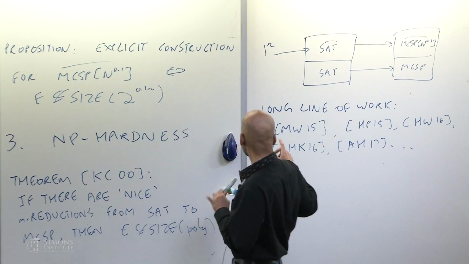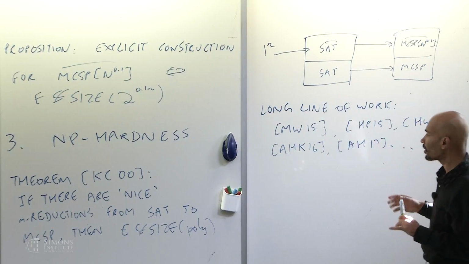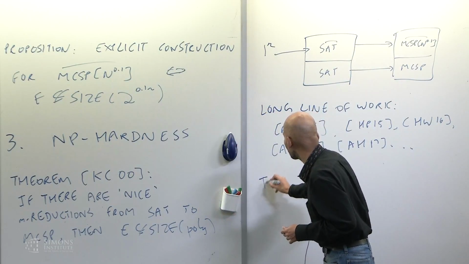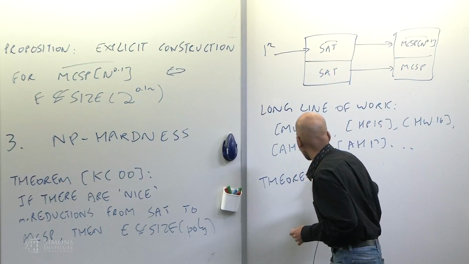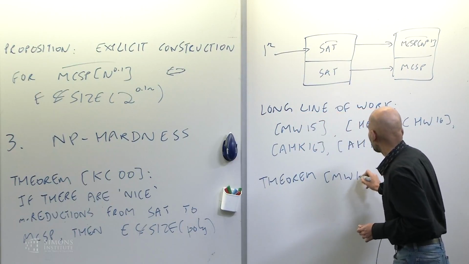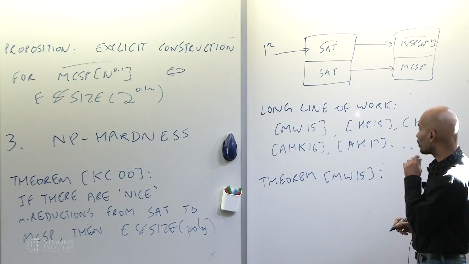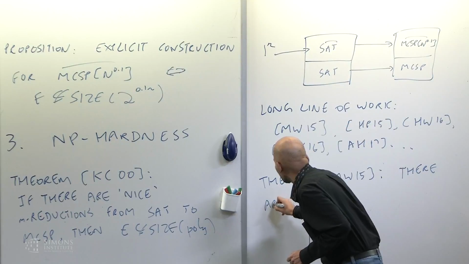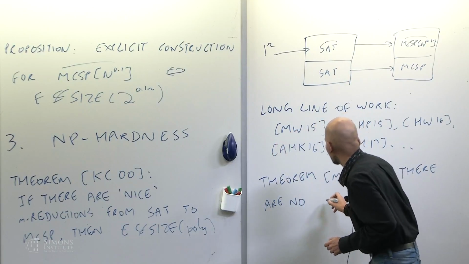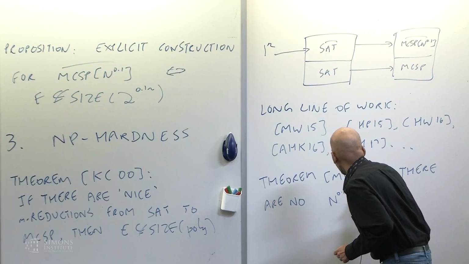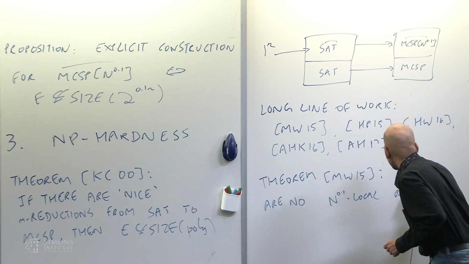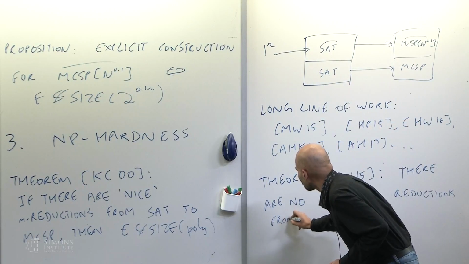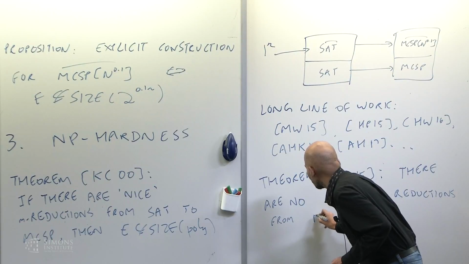And I'll just mention one result out of these, because it rules out reductions of a certain form, and that's this result of Cody and Ryan's. So they say there are no n to the 0.1 local reductions from parity to MCSP.